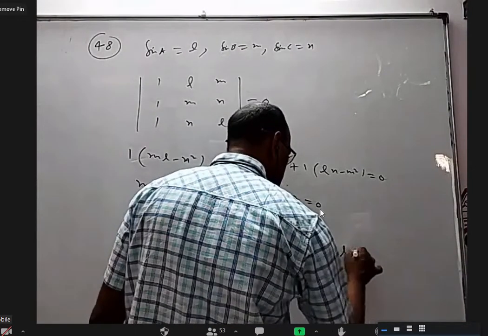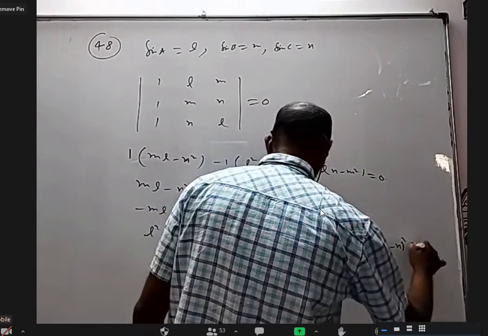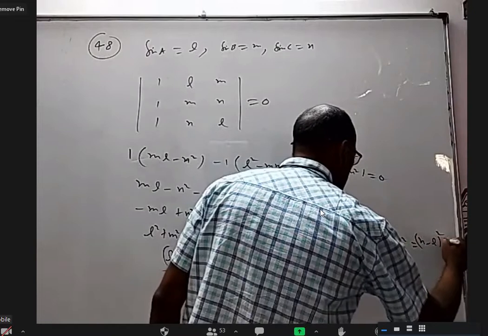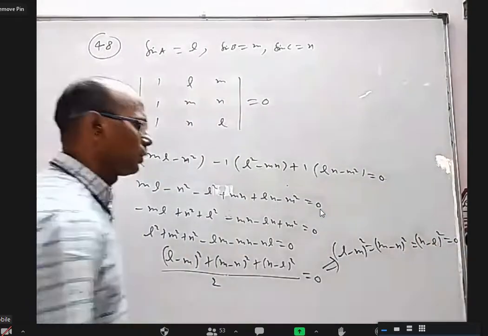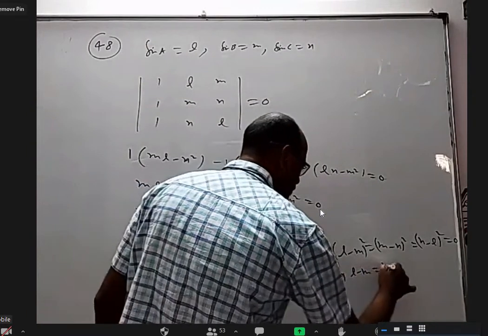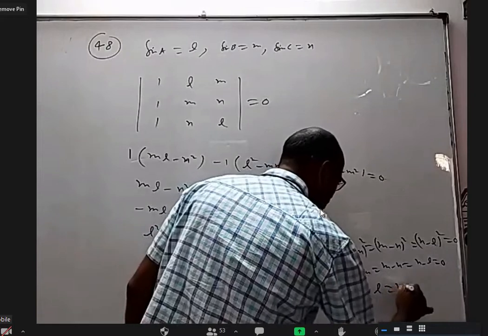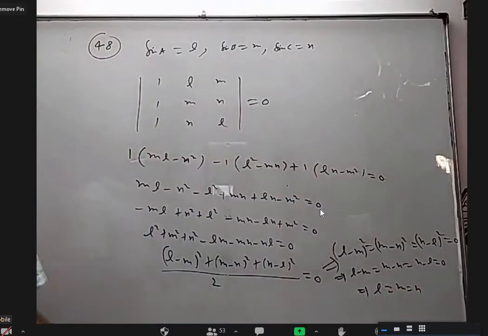That is, L minus M whole square equal to M minus N whole square equal to N minus L whole square equal to 0. From that, I'll get L minus M equal to M minus N equal to N minus L equal to 0. I'll get L equal to M equal to N. Okay.